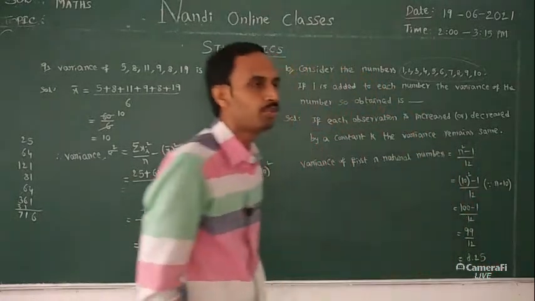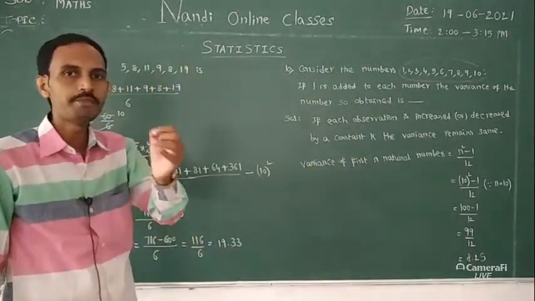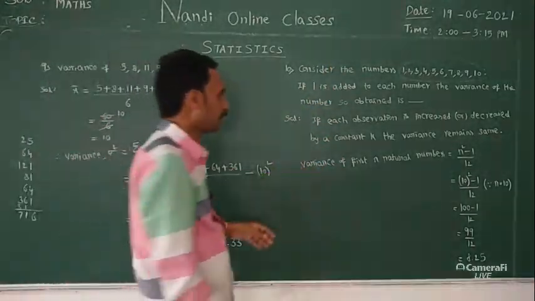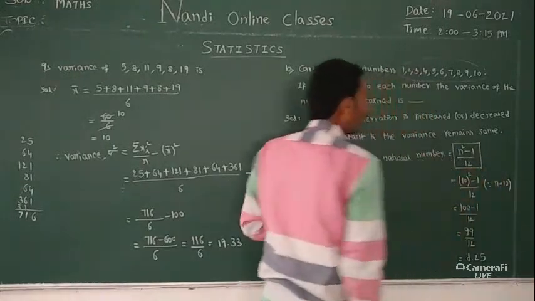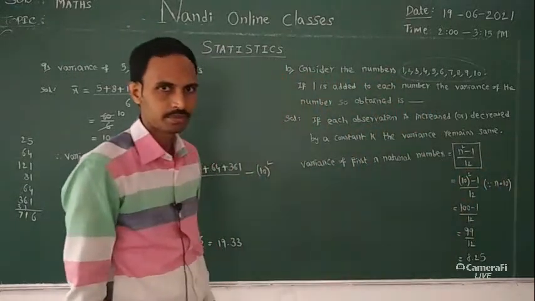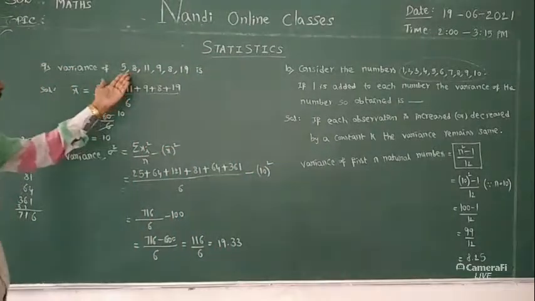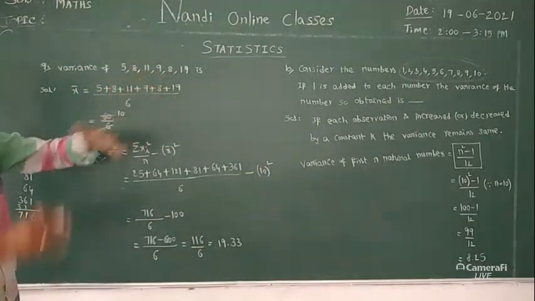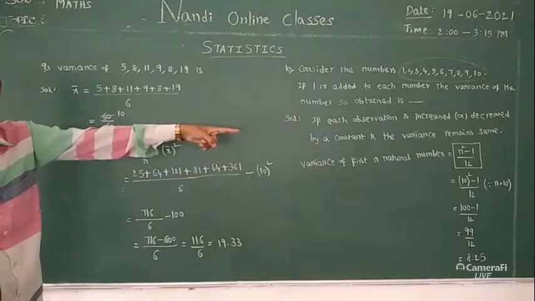So 8.25. The variance of the numbers obtained is 8.25. This is one of the important formulas, the variance of n natural numbers. Here, the numbers like 5, 8, 11 are different, but consecutive numbers are there, so we are applying that formula.